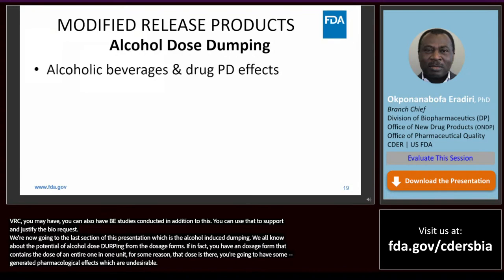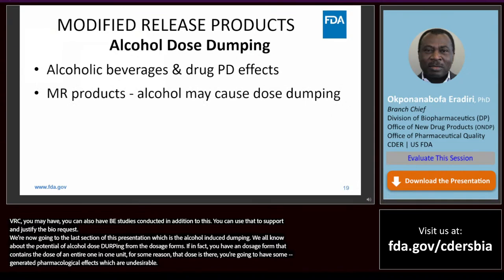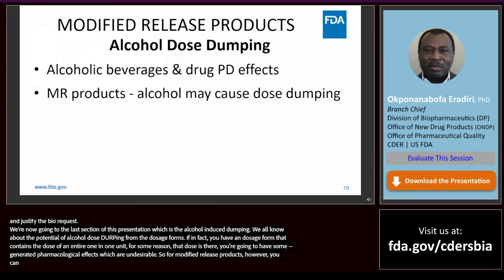So in the labeling of many drug products, there are instructions not to take the drug with alcohol because of these pharmacodynamic effects that may be exacerbated or caused by the drug-alcohol interaction. For modified release products, however, you can have a little bit more complexity.